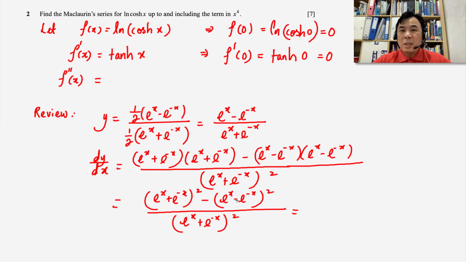You can expand it, or you can use the difference of squares identity or formula. For me, yes, I will use the difference of squares identity to simplify this. All right. So the first one, I will have 2e^(-x) by the second one, I will have 2e^x here.